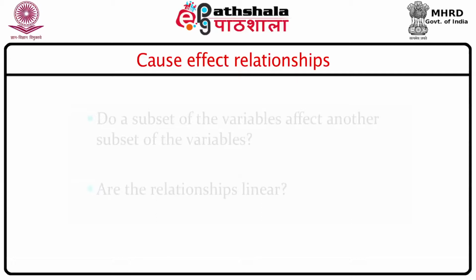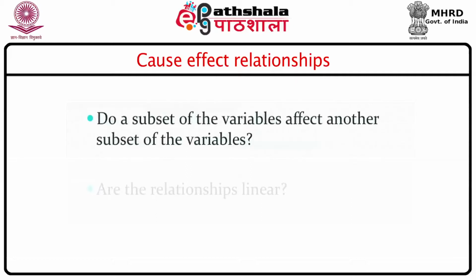So in this case, as in regression or ANOVA studies, we look at whether a subset of the variables affects another subset of the variables, or whether there is a relationship between them, and if so, whether this relationship is in the linear form. Now very often many of the covariates or explanatory variables are non-continuous.